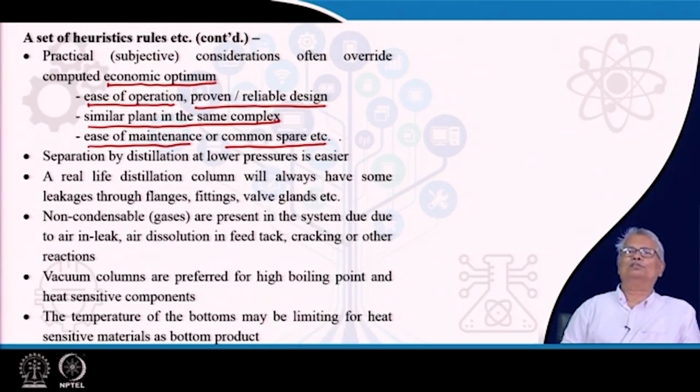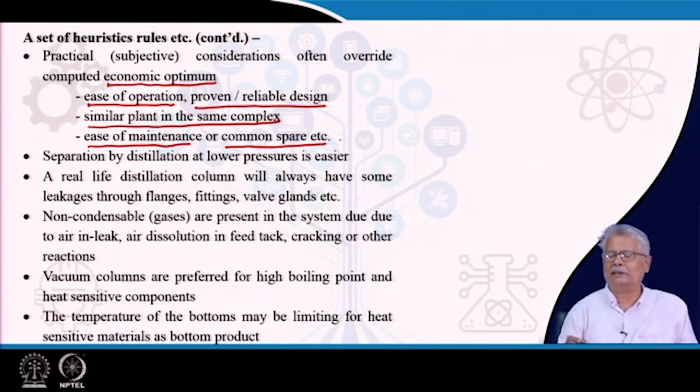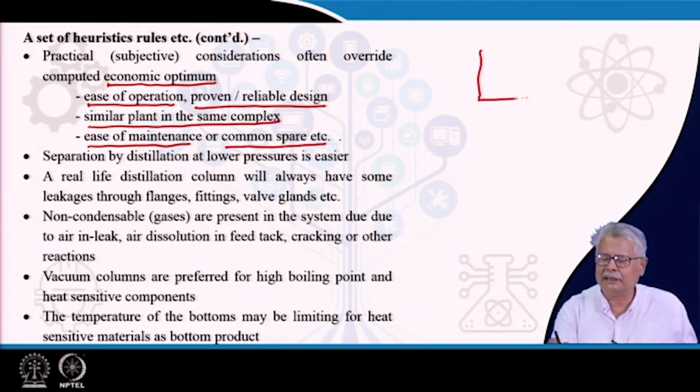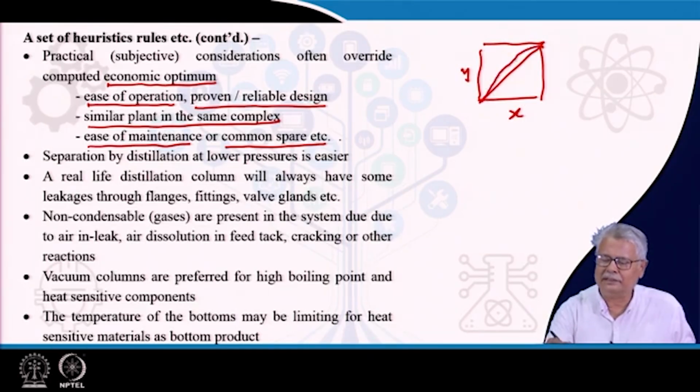The thumb rule also tells us, which is again too obvious, the separation by distillation at a lower pressure is easier. Yes, it's true. It's always true that in the XY diagram, here if I have X and if we have Y, and this is my 45-degree line, at lower pressure it is this, and as pressure increases it goes further away.